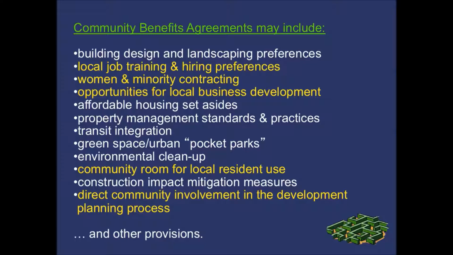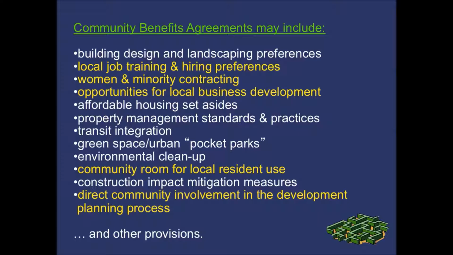Now, a list of expectations, demands, outcomes, needs that are identified in public meetings. This is just a sample of the kinds of things you might see listed out in a community benefit agreement. They run the gamut from physical design to actual focus on what kind of jobs are going to be generated, both the construction of the development and the permanent jobs on site.